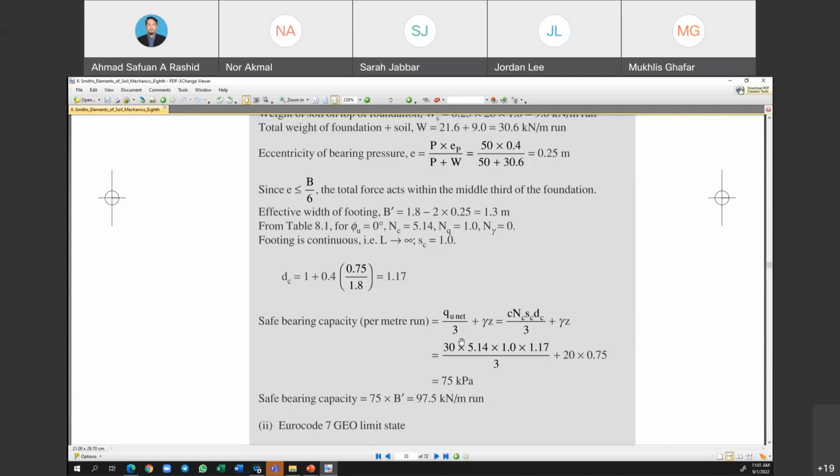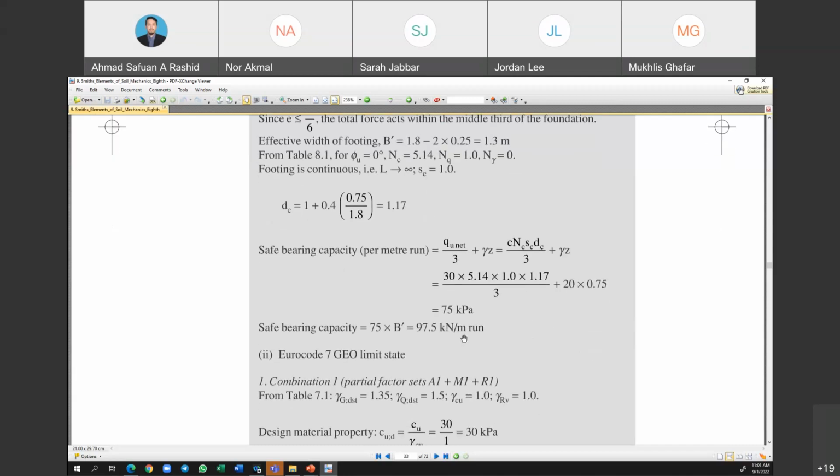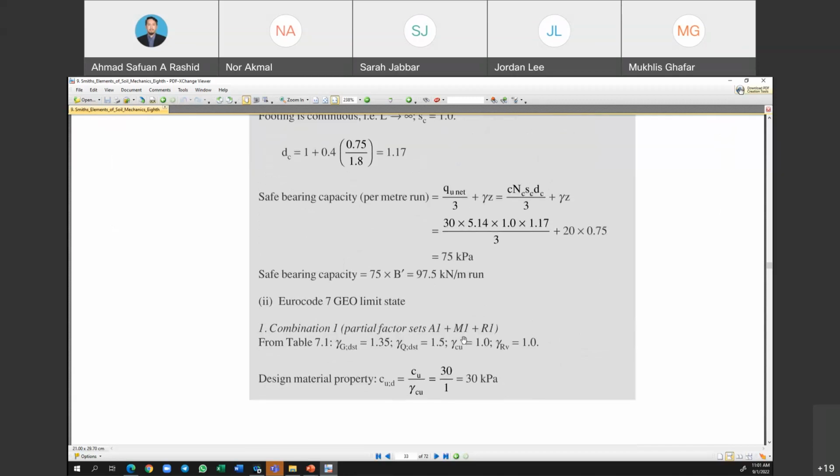Then we move to Eurocode 7. We use what we call Design Approach 1, Combination 1, partial factor of safety set A1 plus M1 plus R1.